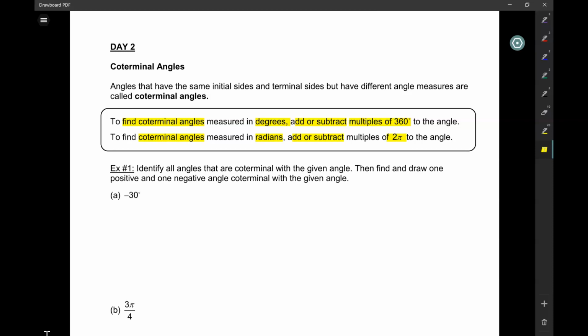And one thing I want to make clear is, on a test or a quiz, this is like the unwritten law of the land, right? If a question is given to you in radians, you're going to work in radians the whole time. If a question is given to you in degrees, you're going to work in degrees the whole time. And I always get this question of, well, can I convert to degrees, do the work, and then convert back to radians?